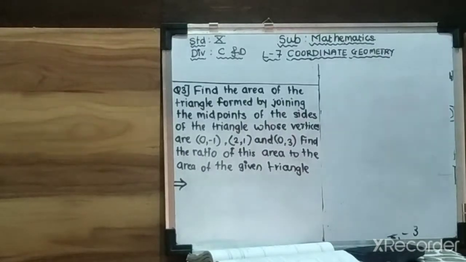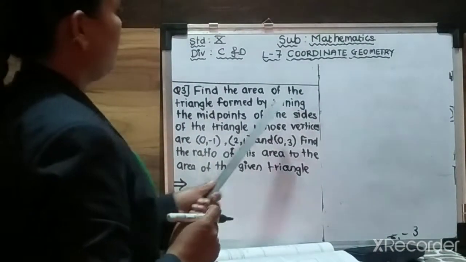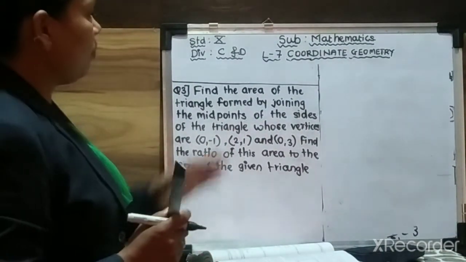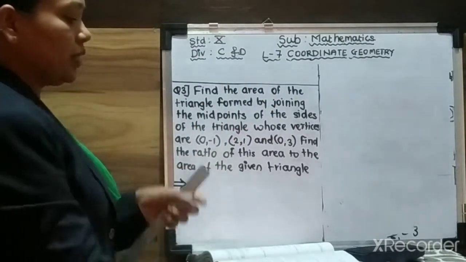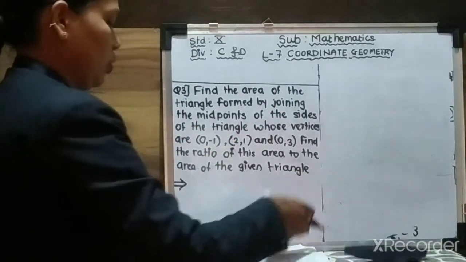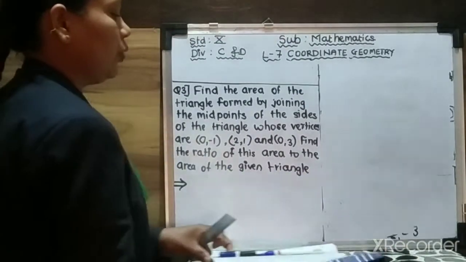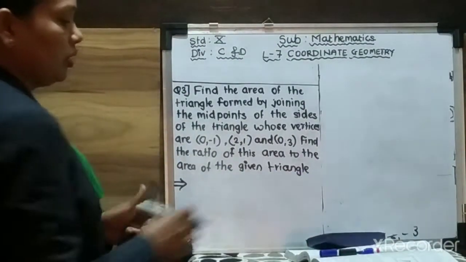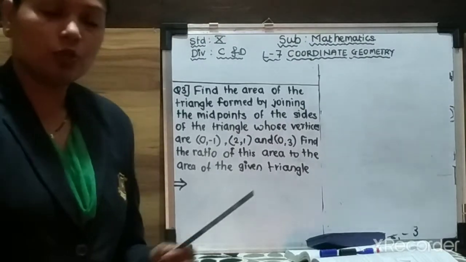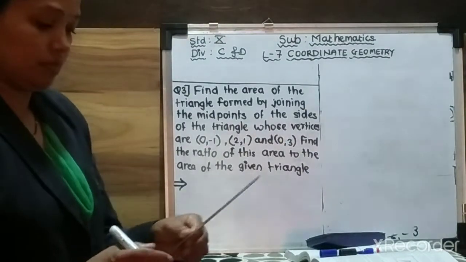Okay, written this up. Now let us find out the area of the triangle formed by joining the midpoints of the sides. So first of all, see student, by the written part given, we are going to draw a figure, right? In the exam also that figure has marks, right?